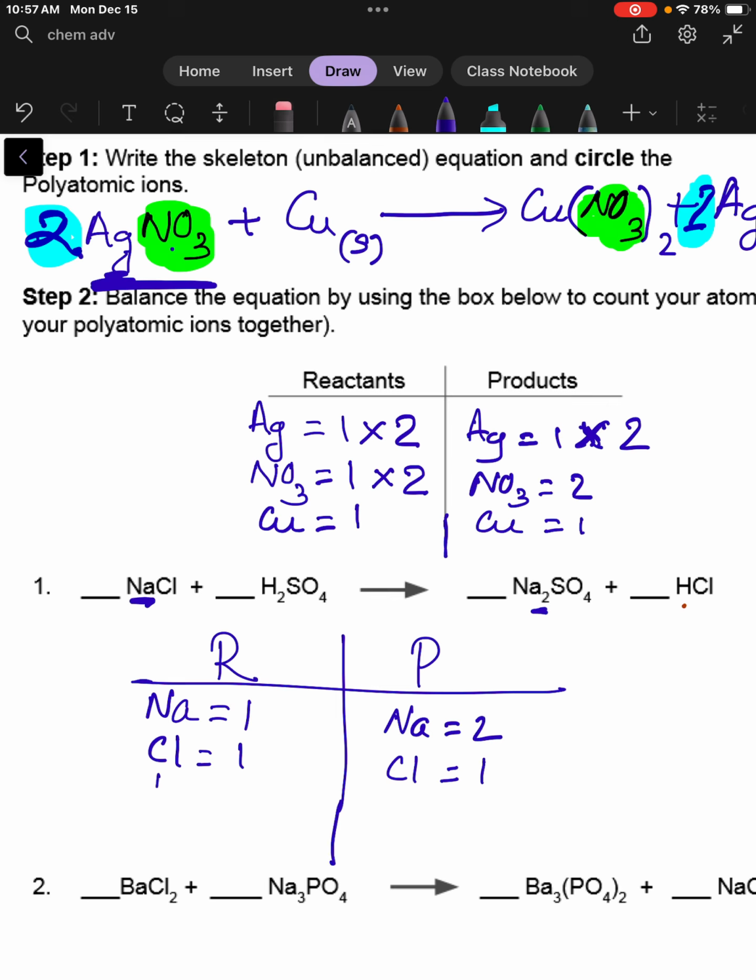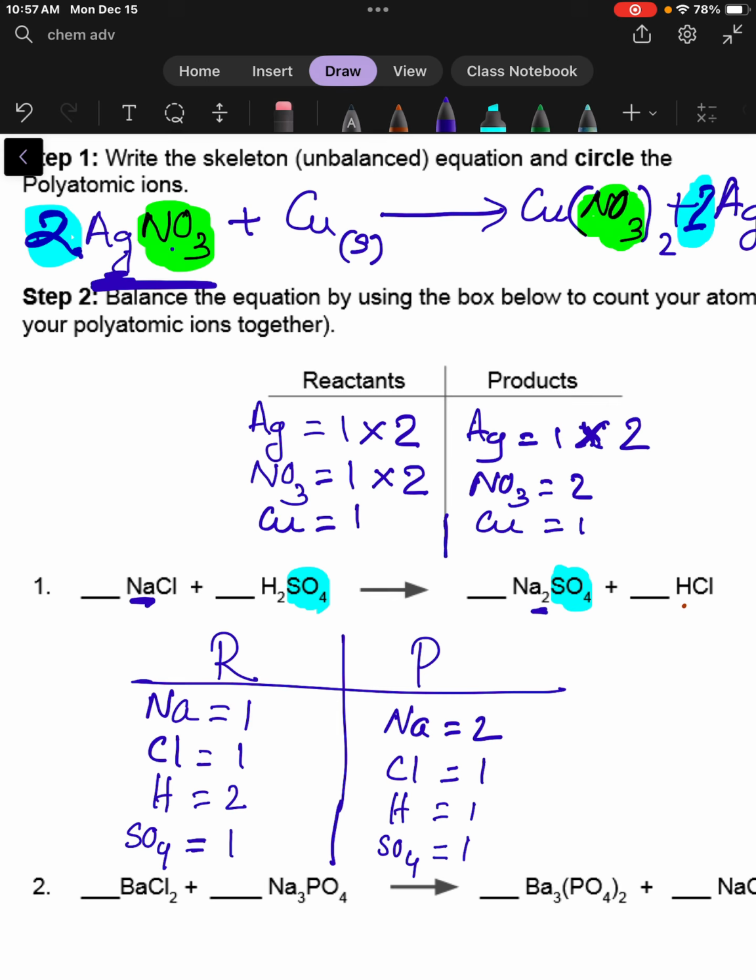And look at that hydrogen, there are 2 hydrogen here, there is 1 on the right hand side. Now there is a polyatomic ion I'm seeing here. Look at that. Both are there on both sides without changing. So instead of sulfur and oxygen, I'm going to write that as a single unit. There is 1 here because no parenthesis there, and outside no number seen on both sides, so it is 1 and 1.